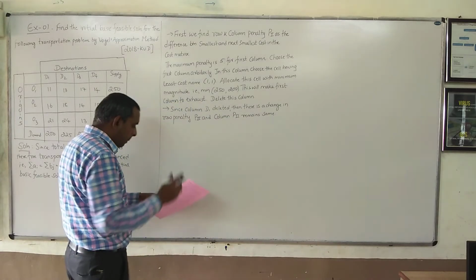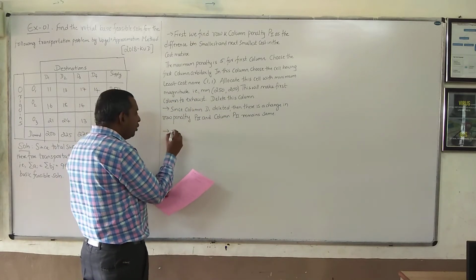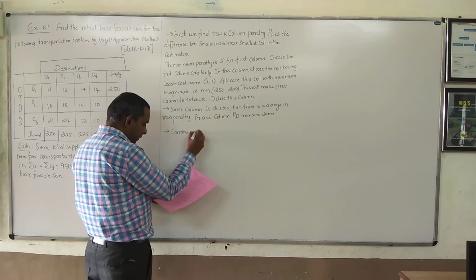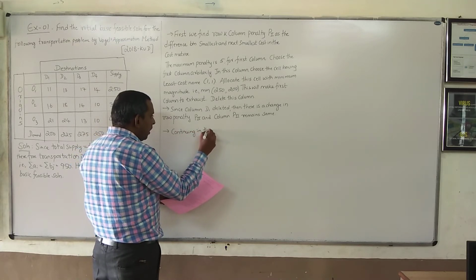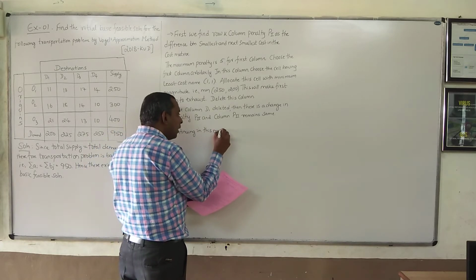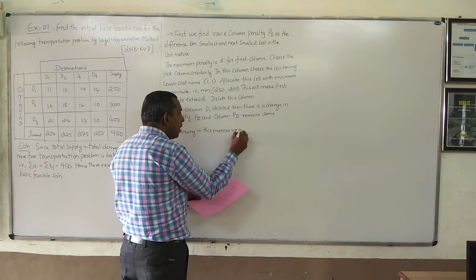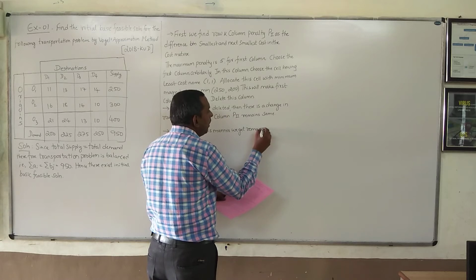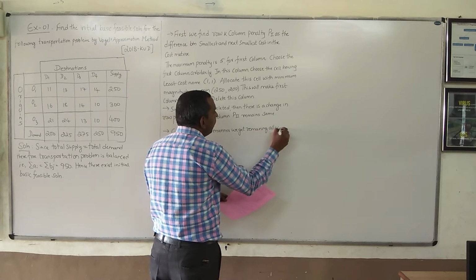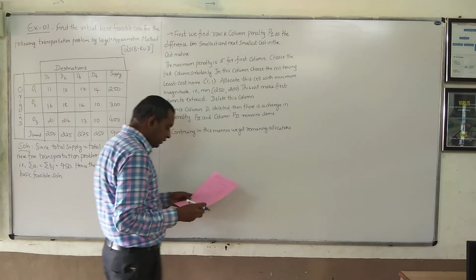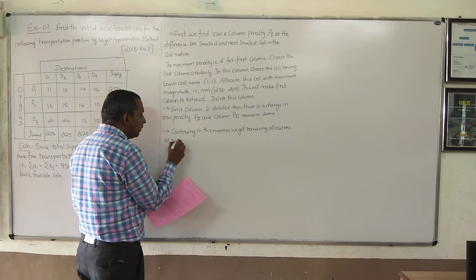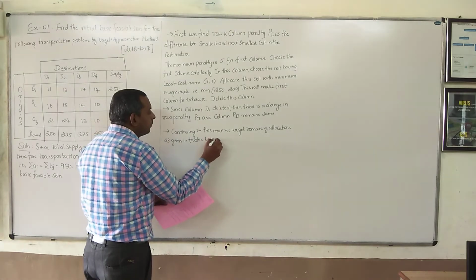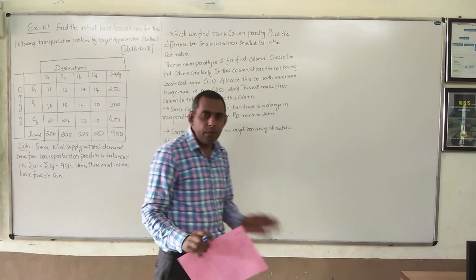And the last is, continuing in this manner, we get the remaining allocations as given in the tables below. Fine, my writing work is finished now.